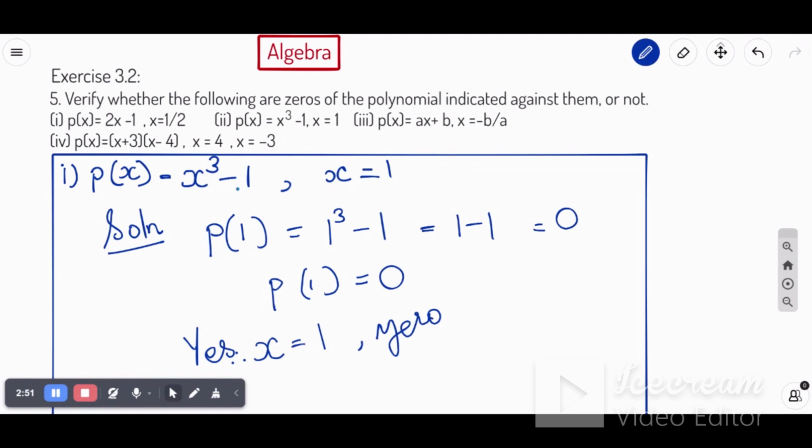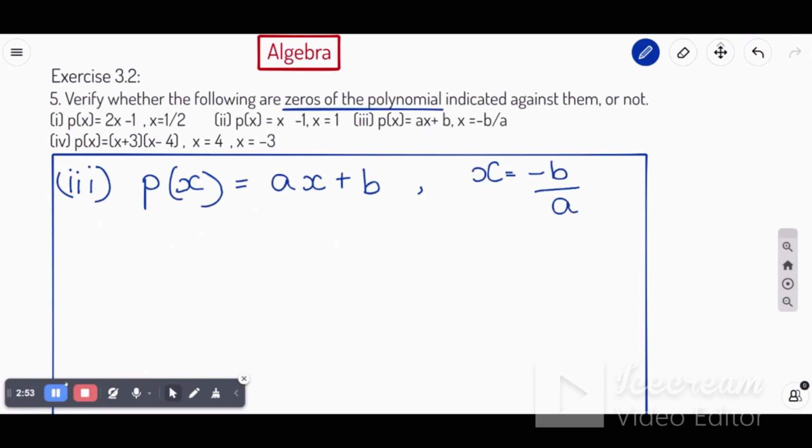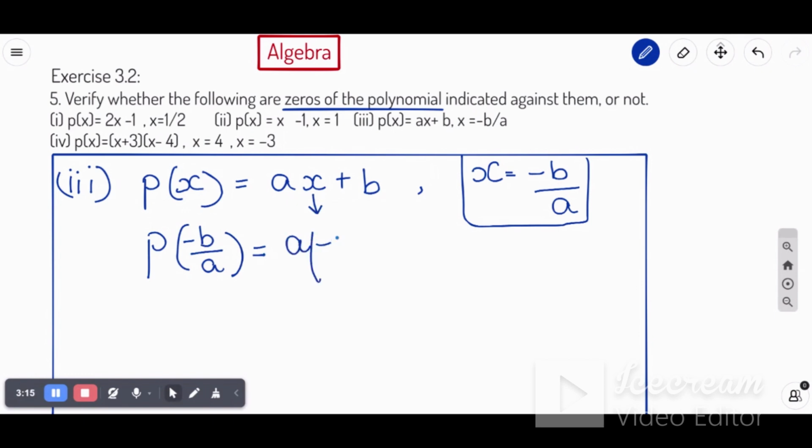Okay, let's move on to the next question. Here we have got p of x is equal to ax plus b and the 0 we have to check is x is equal to minus b by a. So let us start our solution. P of minus b by a is equal to, in the same way, a into, instead of x put minus b by a, plus b.